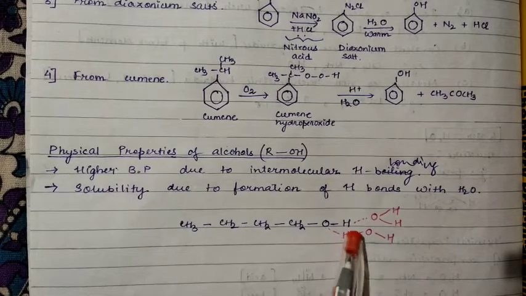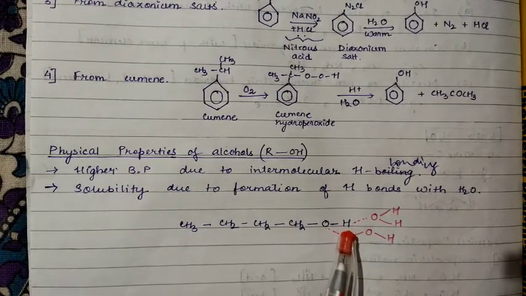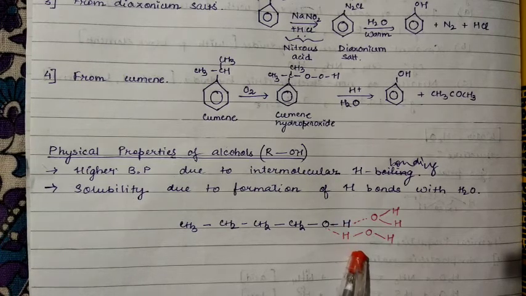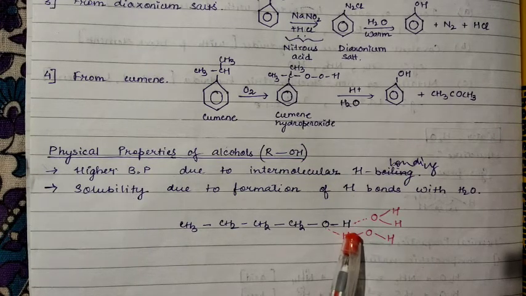As you can see, this oxygen is forming hydrogen bonding. Hydrogen bonding means one hydrogen atom bonded to some other atom, and that atom has to be more electronegative than hydrogen, then only it is possible. That is another topic, but remember that whenever hydrogen is forming a bond with such an atom, it is known as hydrogen bonding.